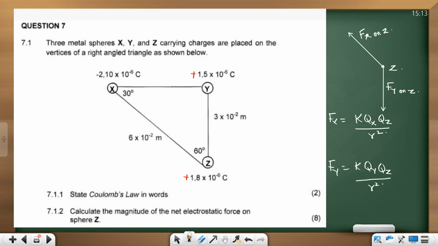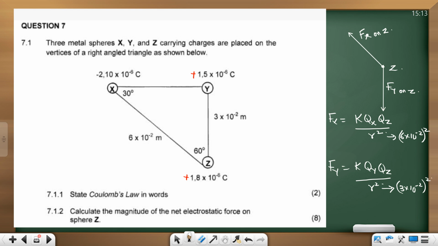Do you want to do the maths for me quickly? For the first one, the distance between X and Z will be 6 times 10 to the power negative 2, and don't forget it is all squared. Between Y and Z, 3 times 10 to the power negative 2. Okay, guys, give me answers. I'm then going to analyze.